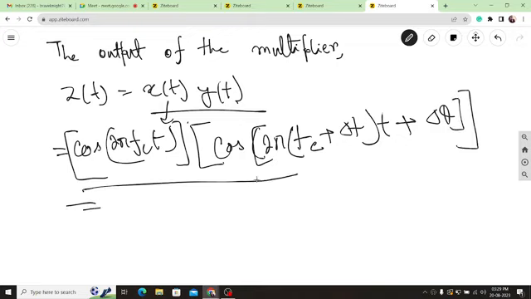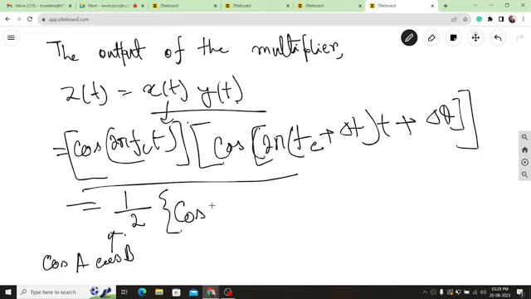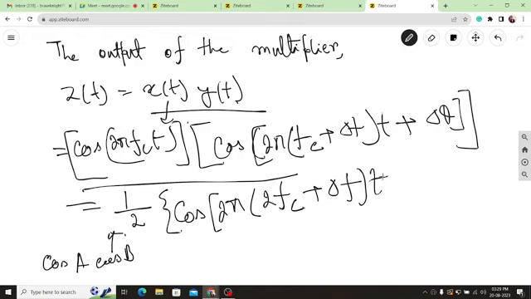If we multiply these two signals, following the formula of cos A cos B, it is equivalent to cos of (2 pi into 2 fc t plus del theta) plus cos of (2 pi del f t plus del theta).